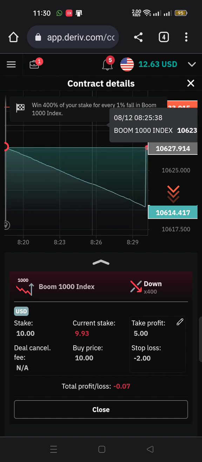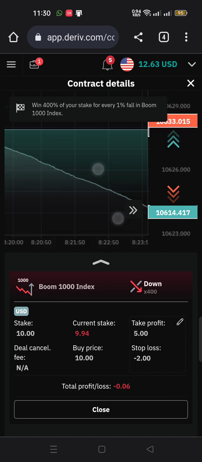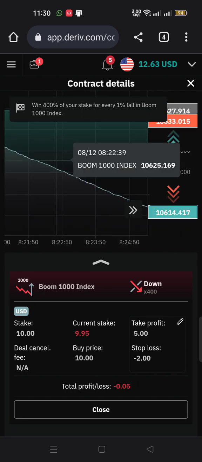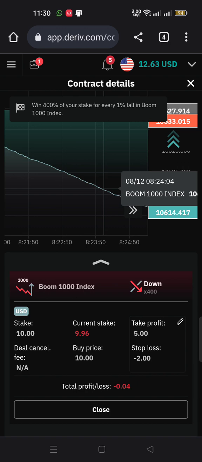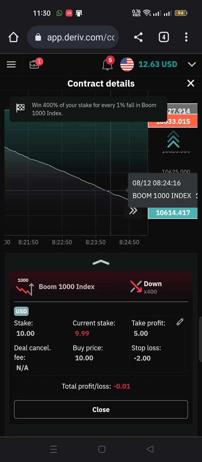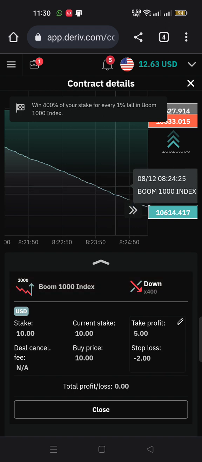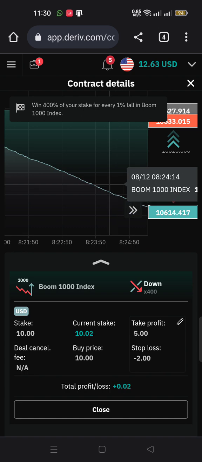But sometimes you find the market switches, and this is something I wanted you to look at. If you place your goal too high and the market changes, just one sweep can clear your whole profit. Then you'll have to start all over again. So it's good, like we had 2 point something, you can close your trades there so that you don't stay in the market for too long.